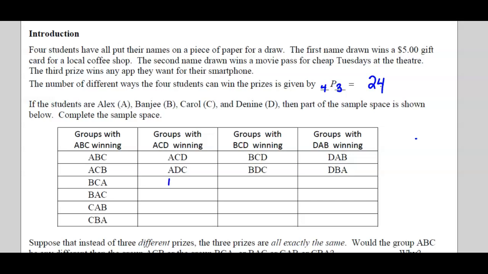It could be DAC, DCA. It could be CAD, or CDA. Then with these 3 people winning, BCD, BDC, DBC, DCB, CBD.